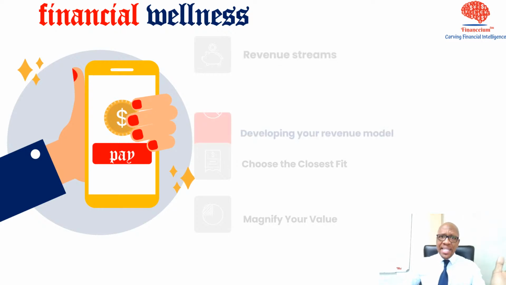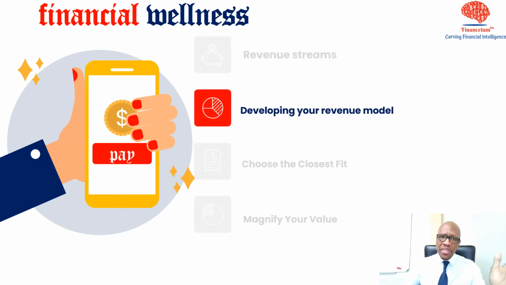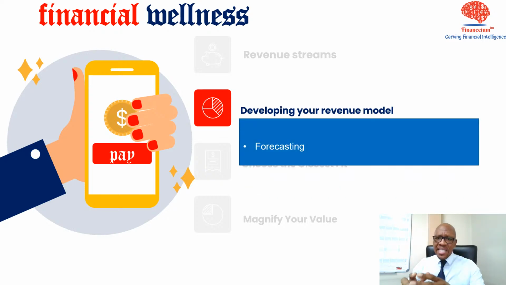And once you've done that, the second one, then it's how do you then develop your revenue model? The key thing in developing the revenue model is really the power of forecasting. Either you're forecasting top down or bottom up, the key thing is you need to understand that when you're forecasting, you're not only looking at your entity, you need to factor within your forecasting power and capabilities other things that could be economic environment, the industry within which you're operating, the cyclicality of revenue or seasonality thereof, if you're in the business that is cyclical or seasonal.